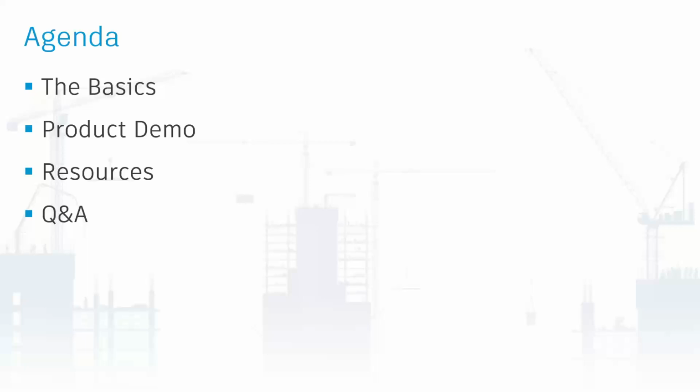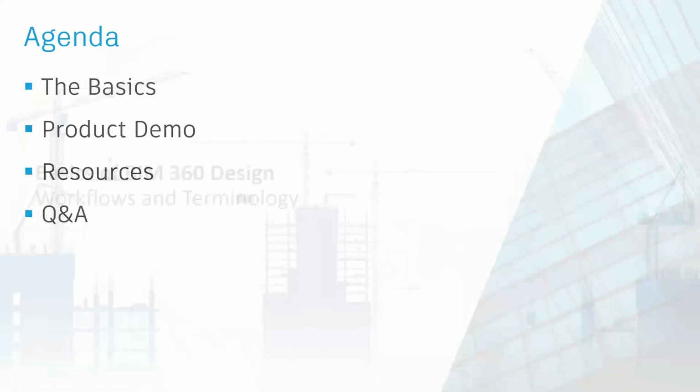Later, we will go through the product demo, and we will share some resources so you can start bookmarking them to continue learning, if you are interested in BIM 360 Design. And at the end, we will have a Q&A section where we will respond to all of the questions you send through the Q&A chat.